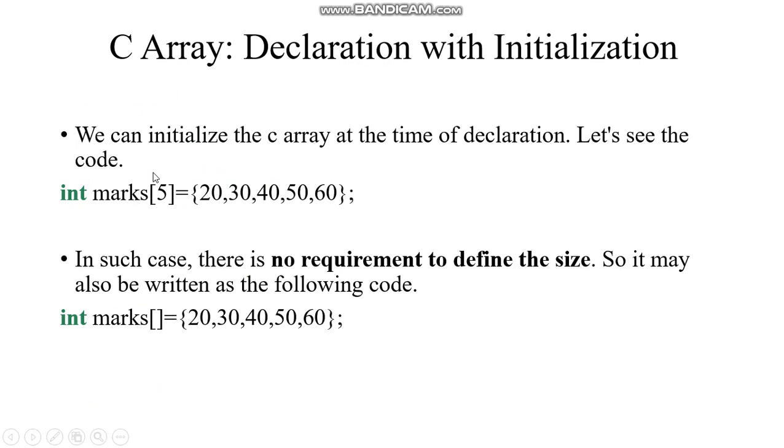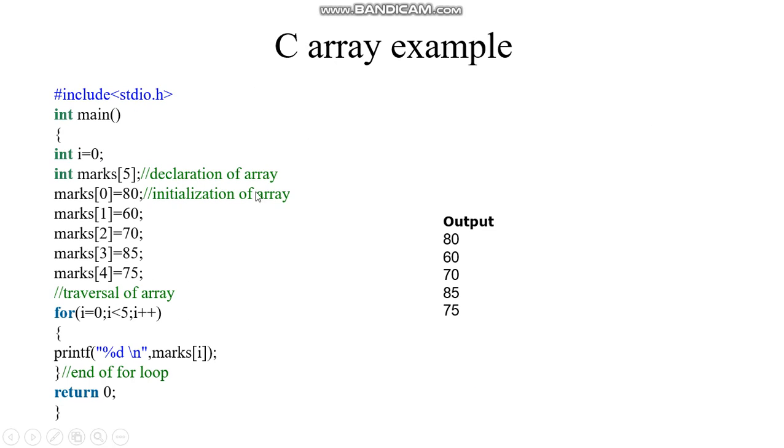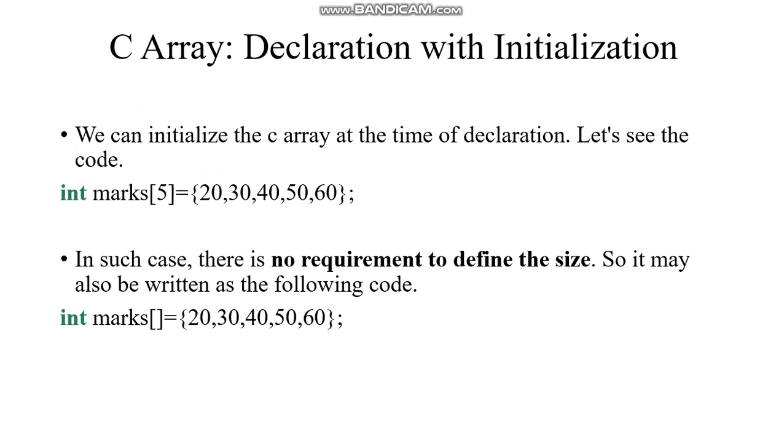Declaration and initialization can be done together, instead of specifying them as separate statements. In the previous example, declaration is done here, then initialization is done individually. Both can be combined in a single statement, which is simpler. Declaration is done at the same time.